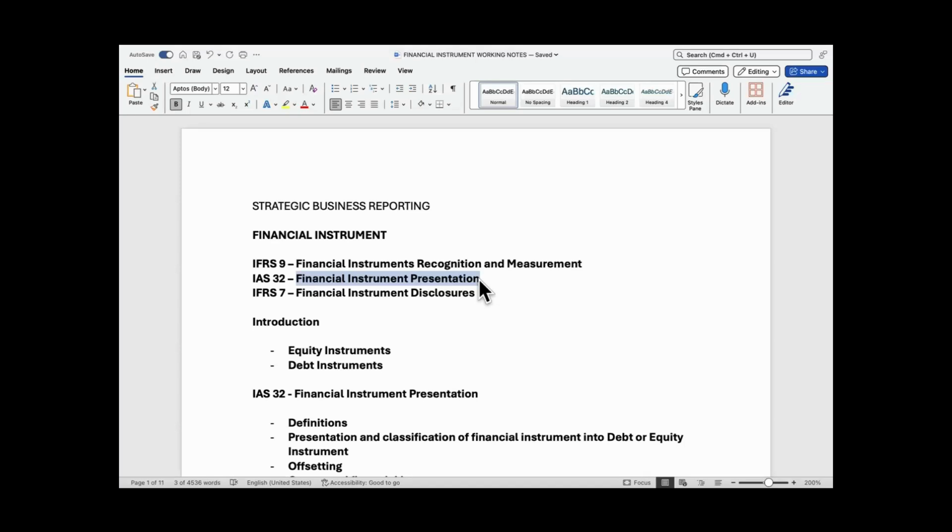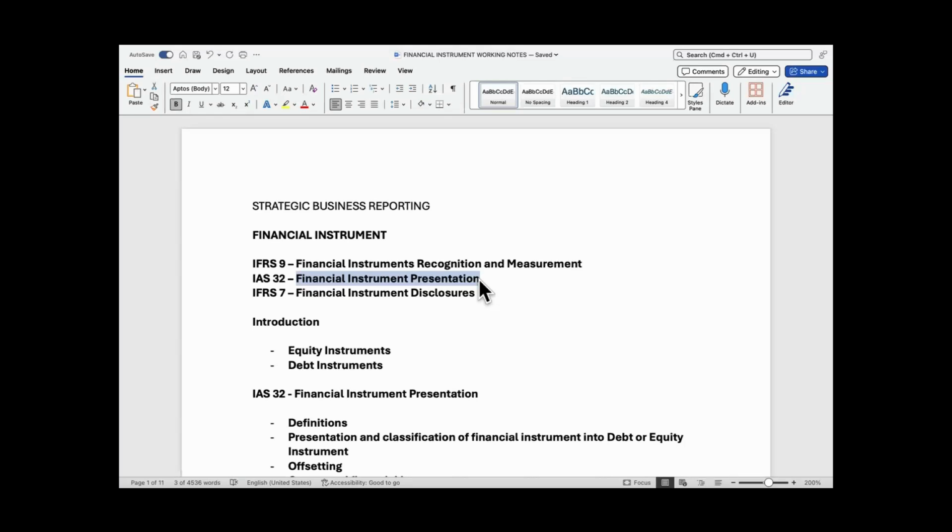So an issuer can issue ordinary shares, but by the time you look at the substance of that issue, you find out that it should be treated as a financial liability. And if you remember, I gave you an example where a company usually gives their directors a special class of ordinary shares.